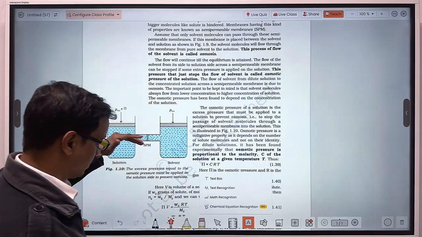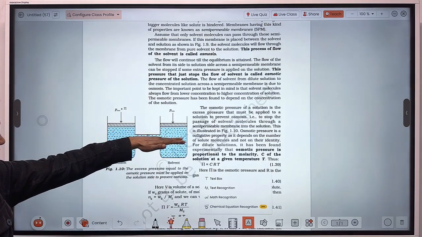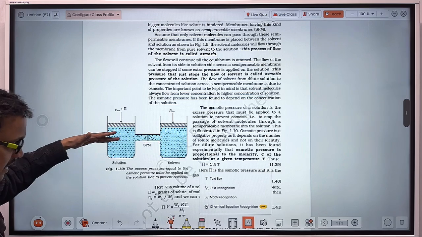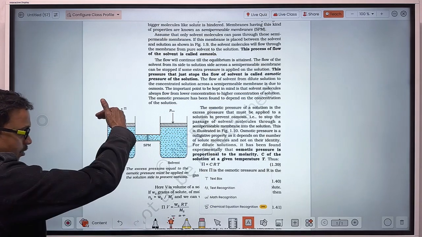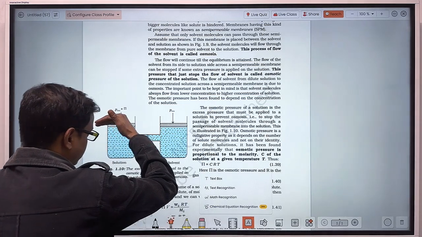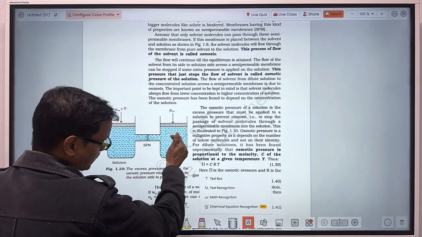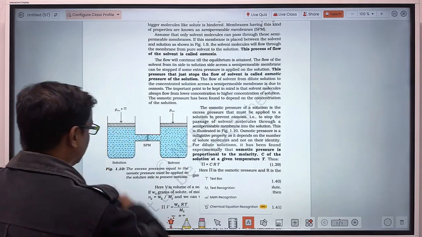When you have increased the pressure, the movement of solvent particles from the solvent to the solution has decreased, and at osmotic pressure there was no appreciable movement of solvent particles from this container to this container.